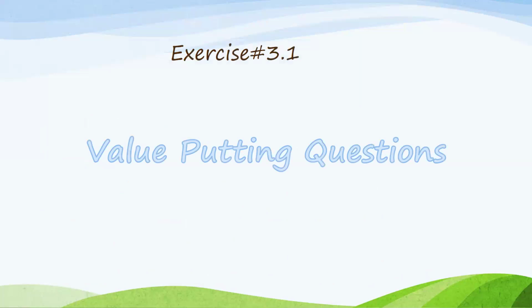Now students, after this discussion, let's discuss a few examples of value putting. How to put the values of x or y or any variable in our given algebraic expressions, and how can we find the values, right?